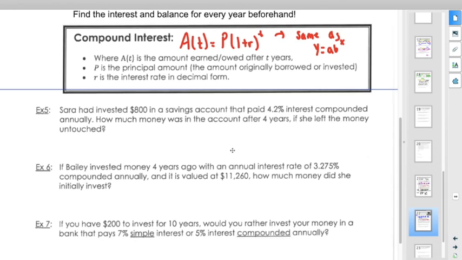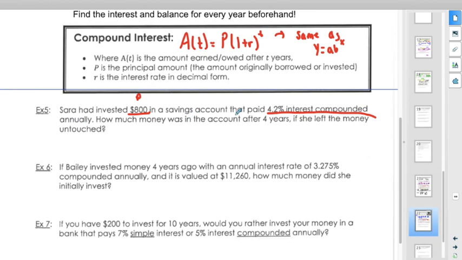Exercise 5. Sarah had invested $800 in a savings account. Okay. $800 in a savings account. That is my principal. Now, the savings account is paying her 4.2% interest compounded. Keyword, compounded annually.